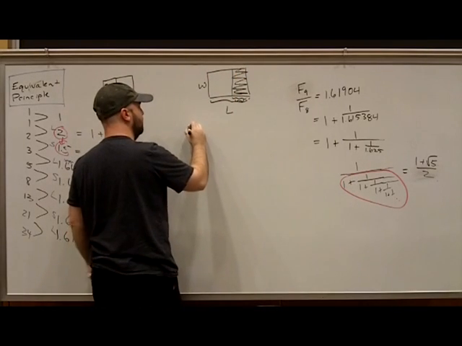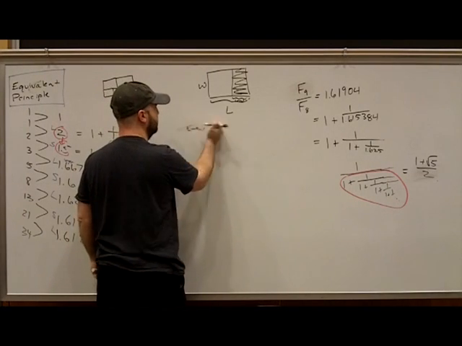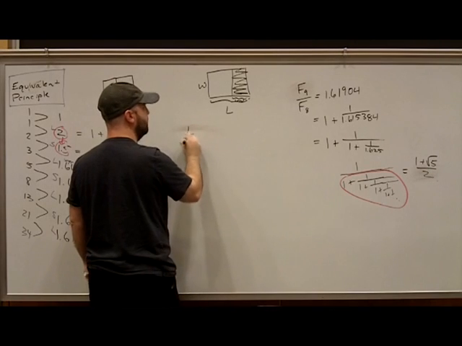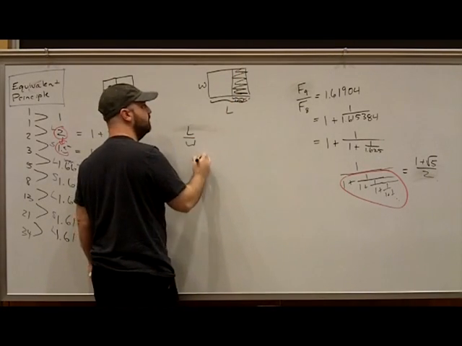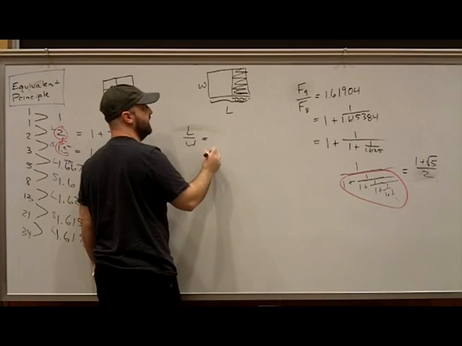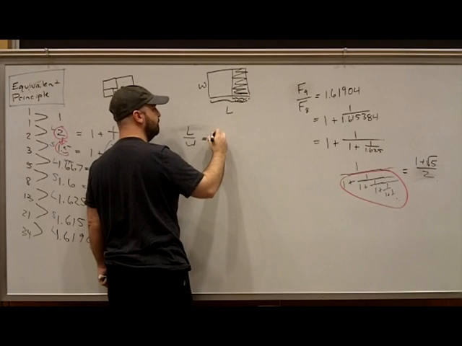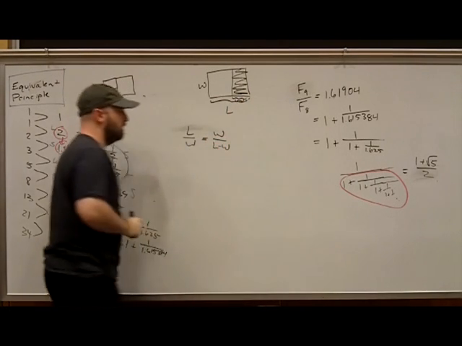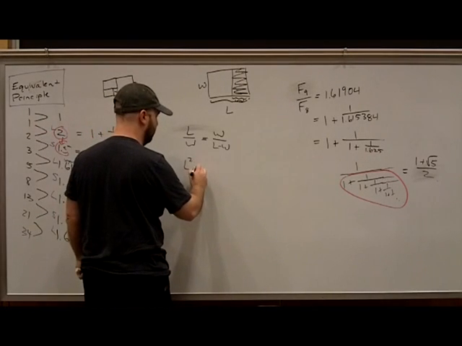So we have length minus width. Let's do bigger to smaller. The length of the bigger one over, well, that's going to be W. And we want that to be the same as the proportion of the small side of the big one to the small side of the small one. And we can cross multiply, get rid of the ugly fractions.